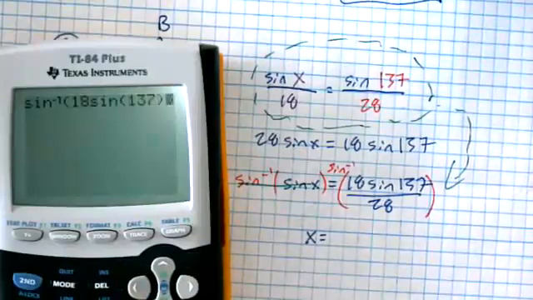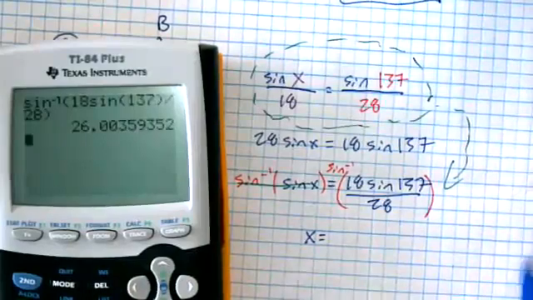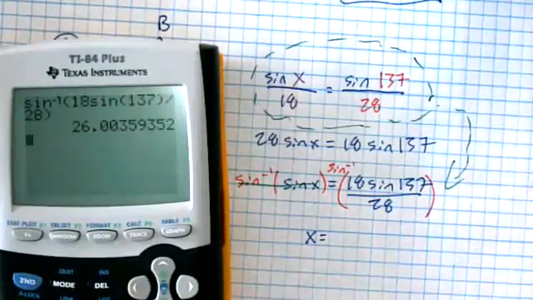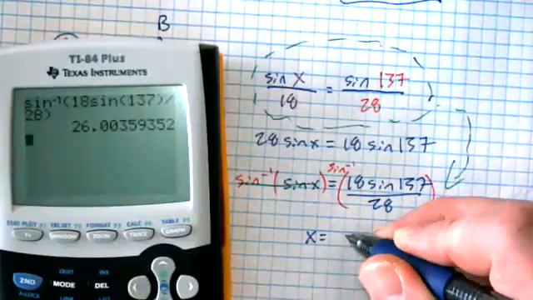Don't forget to close your parenthesis after that 137. That's another common source of errors. Wow, these are coming out rounding to whole numbers pretty frequently, aren't they?